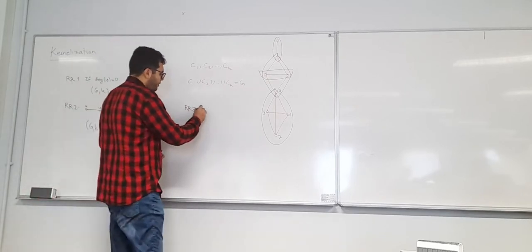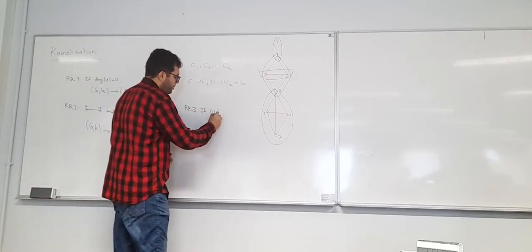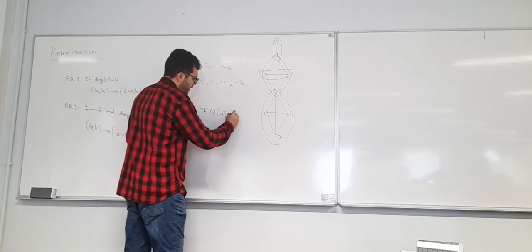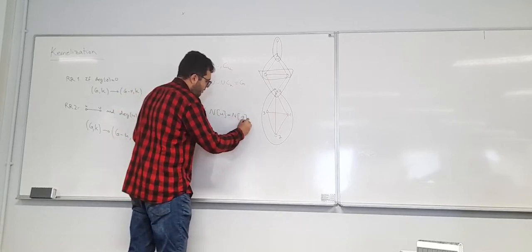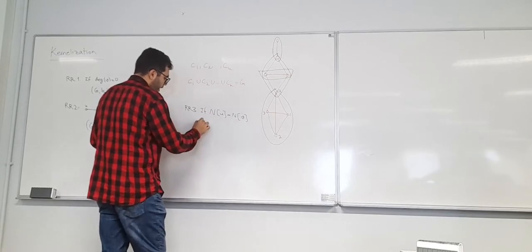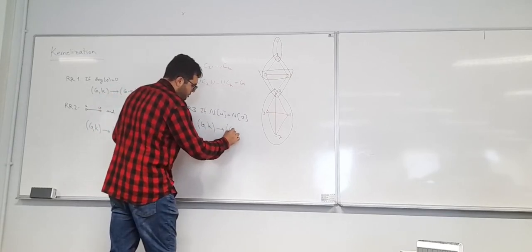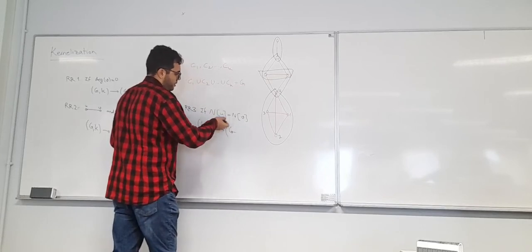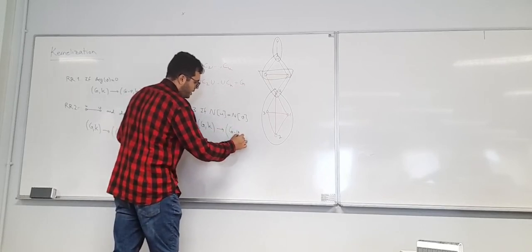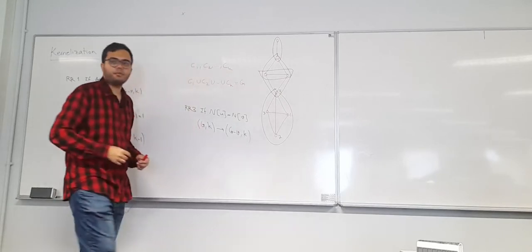So if the closed neighborhood of a vertex U is the same as the closed neighborhood of a vertex V, then I just get my graph (G, k) and I turn it into G minus, I don't know, either remove U or V. So I'll remove V and my budget remains the same.